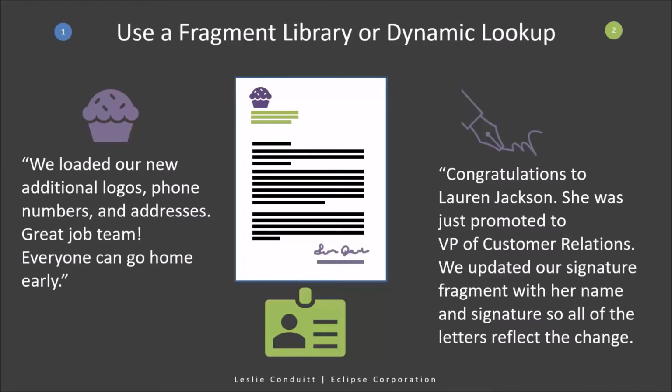You would just have to update either your fragment or the lookup of the signature and the text that is returned on that area. And there's advantages to both. It's really whatever fits the client's needs the best. It's kind of covering one and two at the same time.